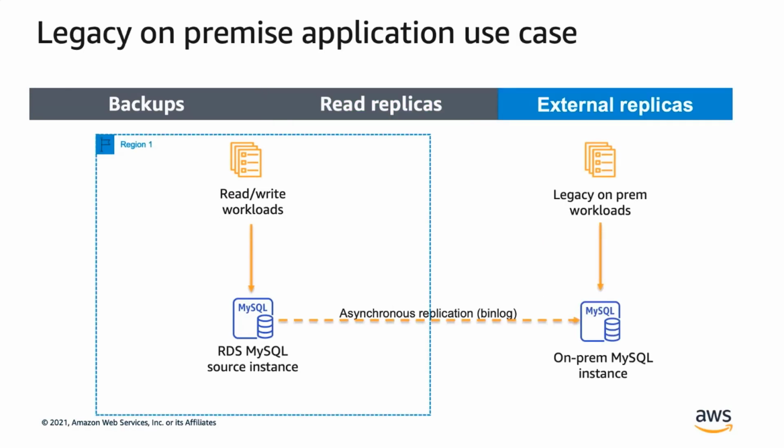Finally, you can configure external replication between an RDS instance and on-premise infrastructure. For this approach, you can use native binary log replication or third-party replication software to extract changes from the source database and apply them to your target database, which will be on your on-premise.